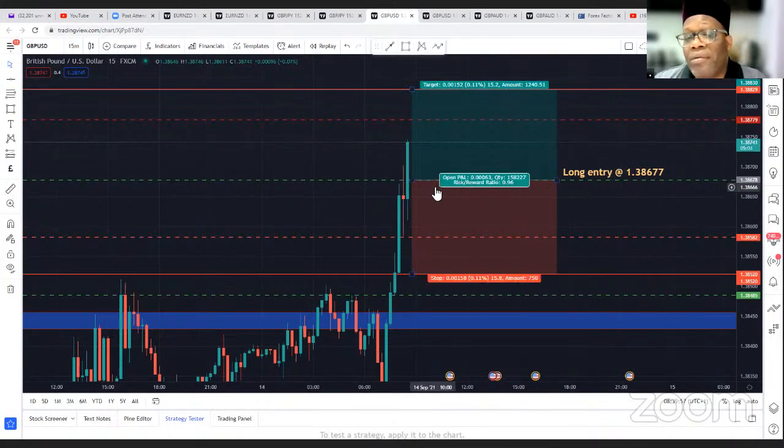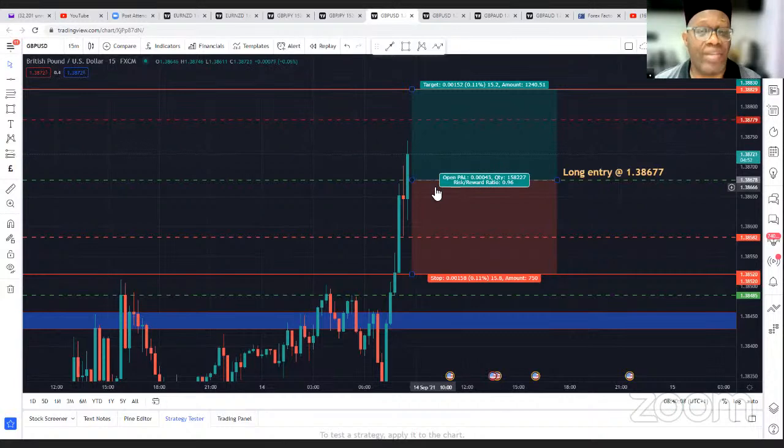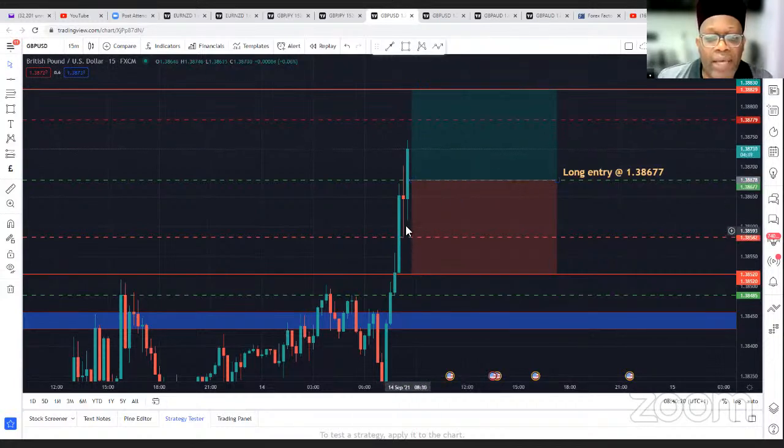Now, depending on your broker, if your broker gives you a good spread, say a 1 or 2 pip, less than 2 pip spread, definitely you want to be moving your stop loss now.